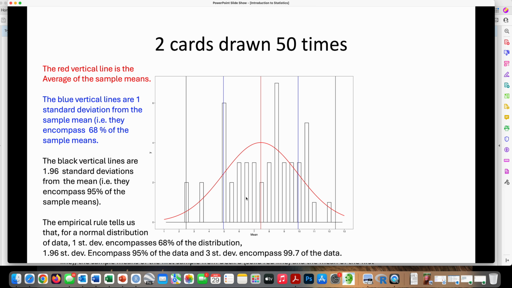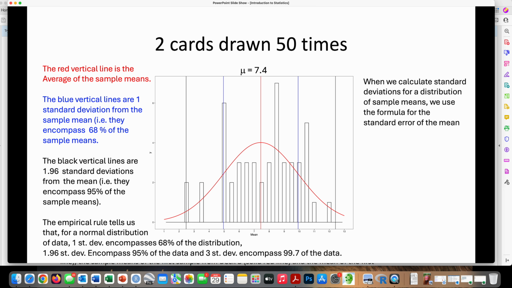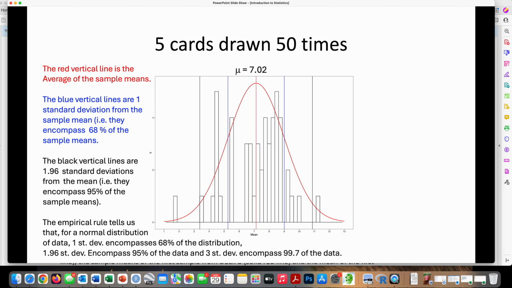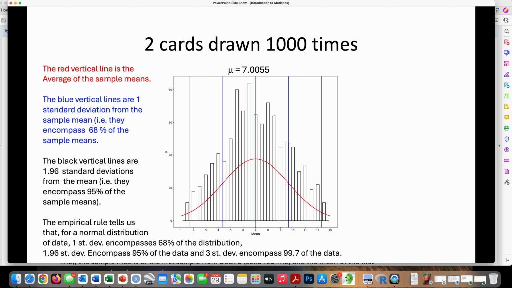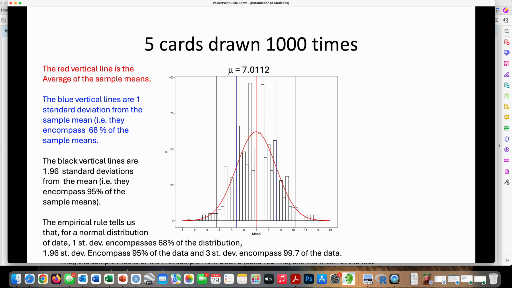Well, how do you get a more normal distribution than this? Well, you take larger sample sizes. So here's the situation when we draw 5 cards 50 times. Here's when we draw 2 cards 1,000 times. Here's when we draw 5 cards 1,000 times.